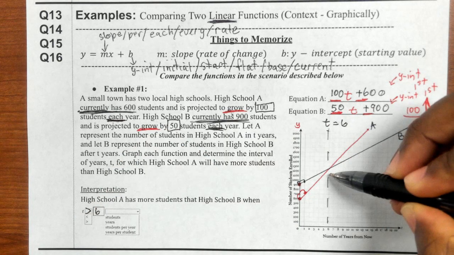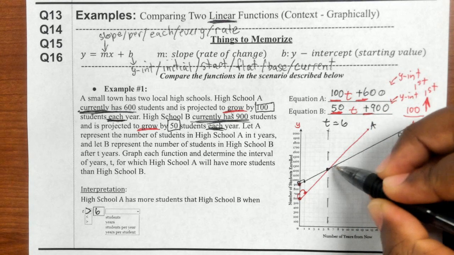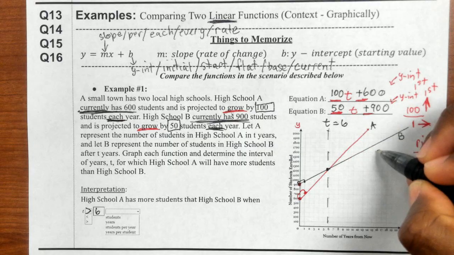Because when it was 6, they were the same, and then after 6, A went above B.